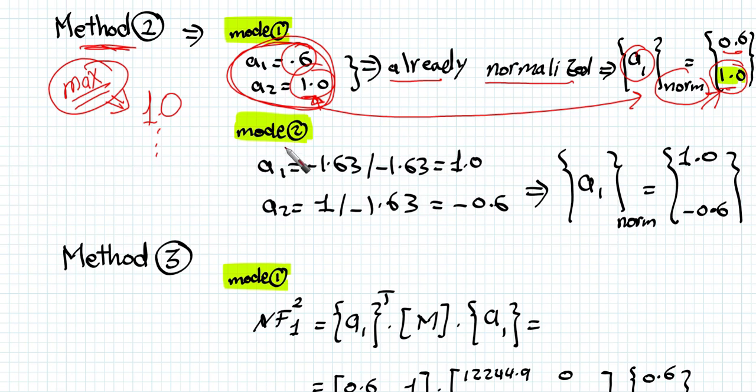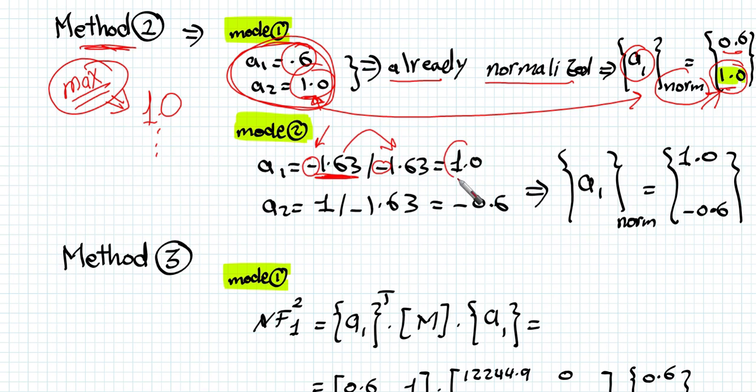Mode 2, we have, as we said, minus 1.63 and 1. Then which one is the maximum here? The maximum, take care, should be the absolute value without the sign. So we have 1.63 here. We are going to normalize it and divide it by the maximum value, which is 1.63 over minus 1.63.